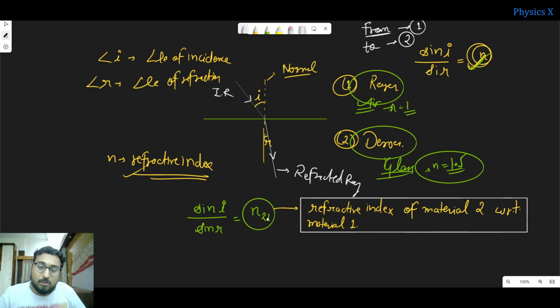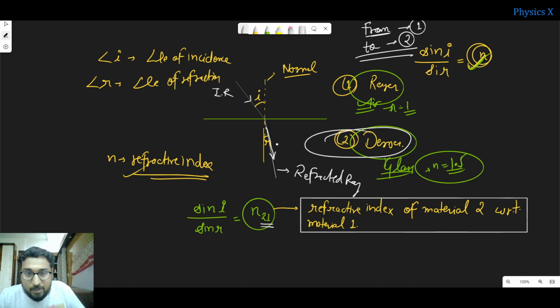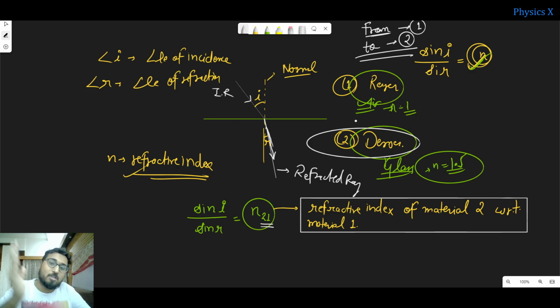So we read this as refractive index of material 2 with respect to material 1. And what is material 2? Material 2 is the one the ray of light is traveling to, where the refraction is actually occurring. Traveling from is 1. That is how we say the refractive index of material 2 with respect to material 1, that is n21.